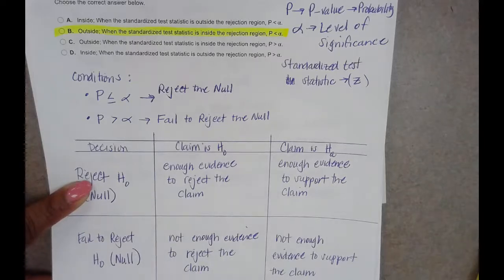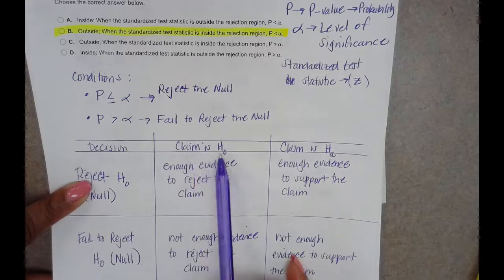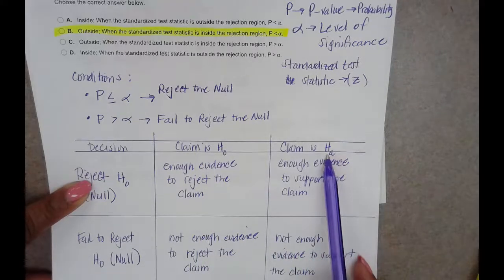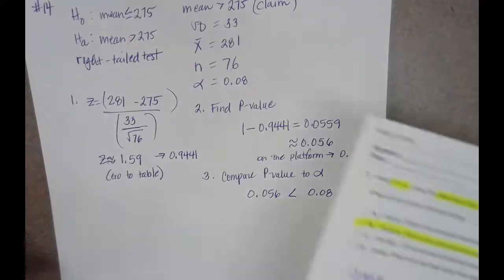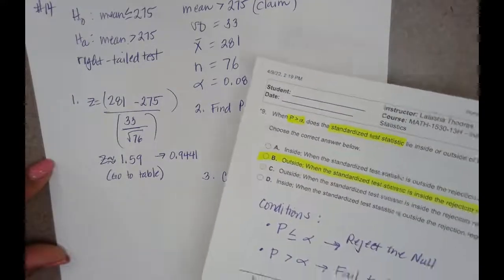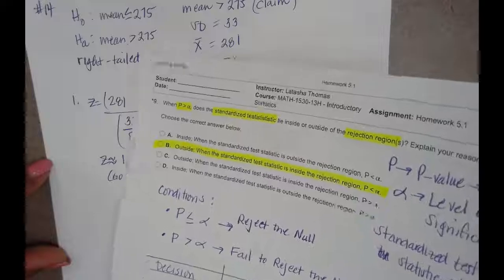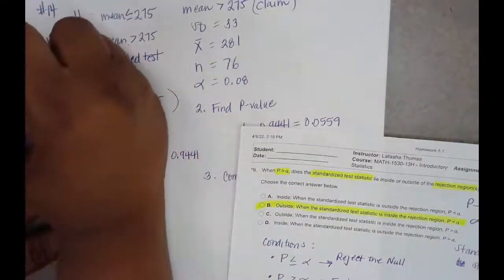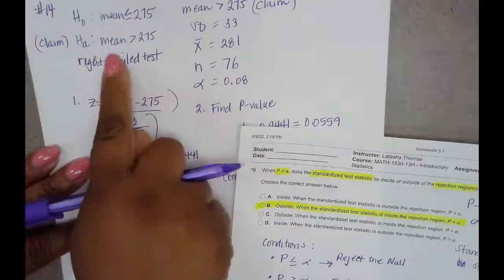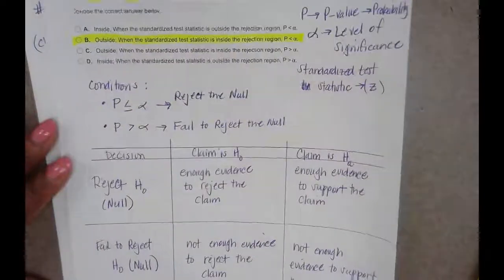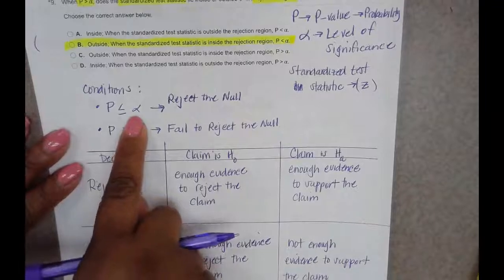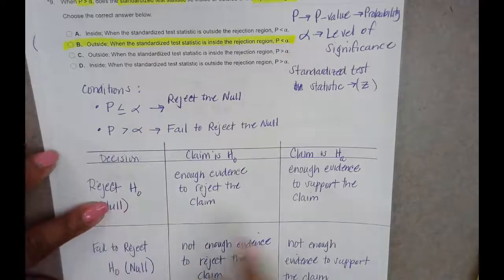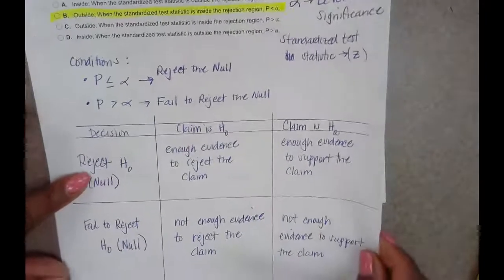But the next thing I want to ask myself is, where is the claim? Is the claim in the null, or is the claim in the alternative? So I go back to our problem, and I see that the claim lives in the alternative. Y'all see that here? This is the claim. So the p-value is less than the level of significance. That makes me reject. But how are we going to interpret it?